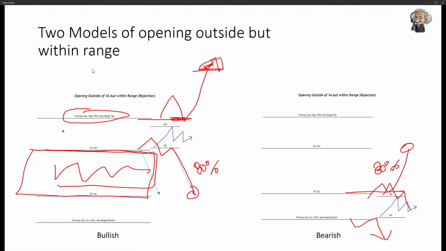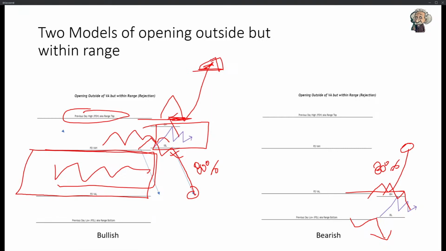This one can lead to a much higher risk reward, because you can catch some nice moves. But if it stays in this range for a long period of time, let's say the morning session we stay in here and don't crack the top or the bottom, typically you have a violent move in the afternoon. At least that's what I've noticed. It most likely would lead to a tight value area.